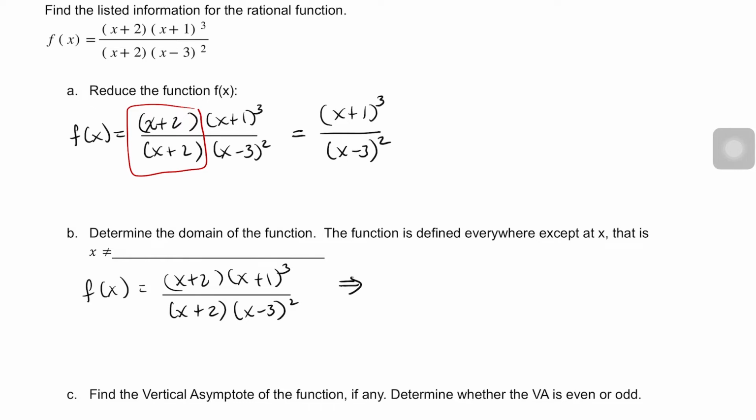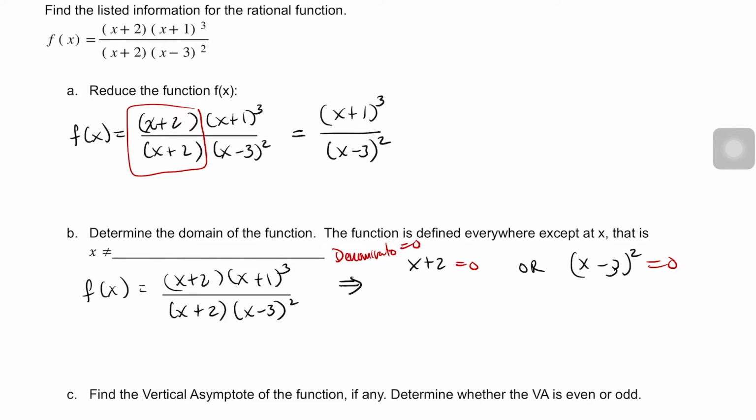So to find the domain, we find the values of x where the denominator is 0. That'll be x plus 2 equals 0, or when x minus 3 squared is equal to 0.